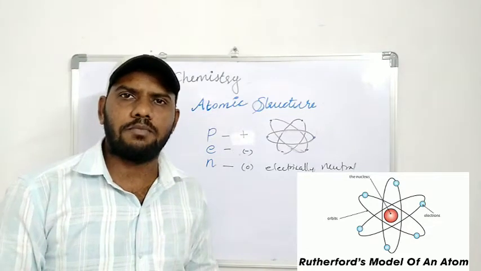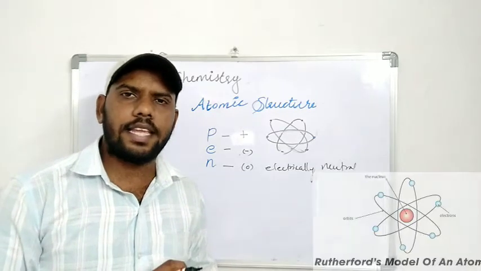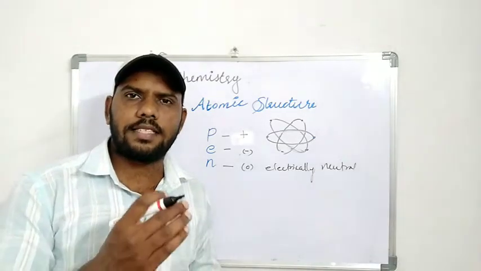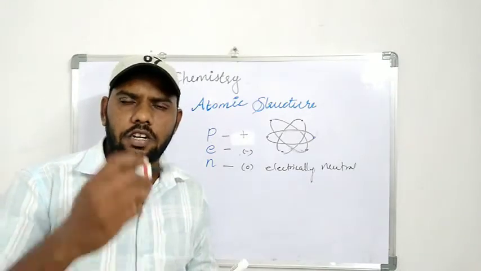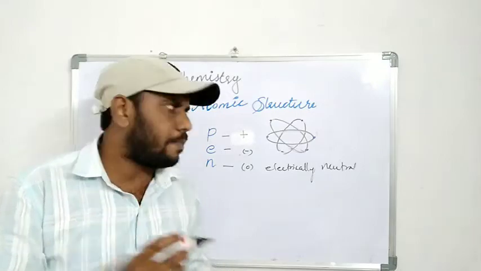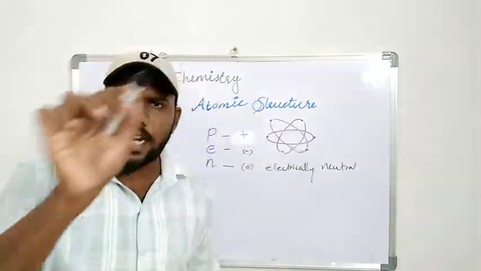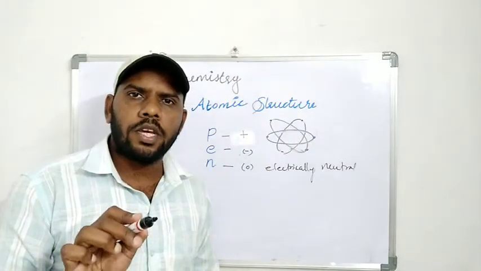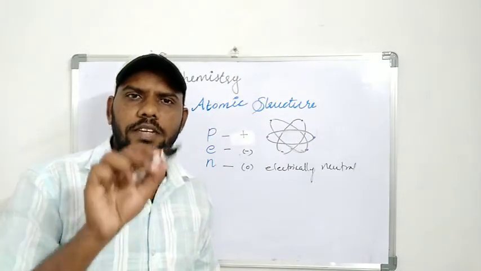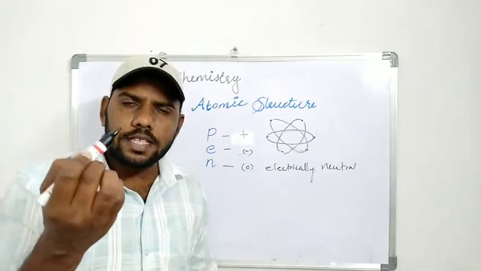After that came Niels Bohr. According to Ernest Rutherford, the electrons move continuously, and every object moving in a circular path loses energy.